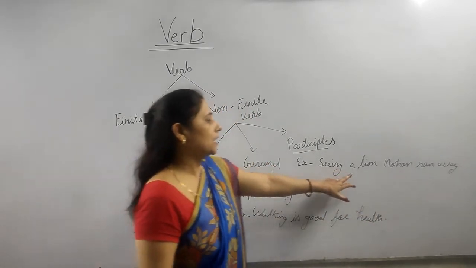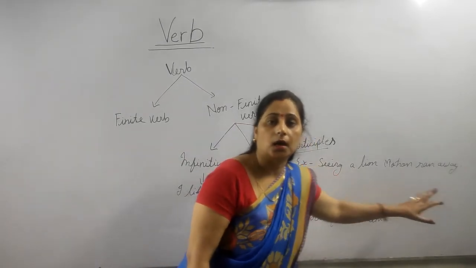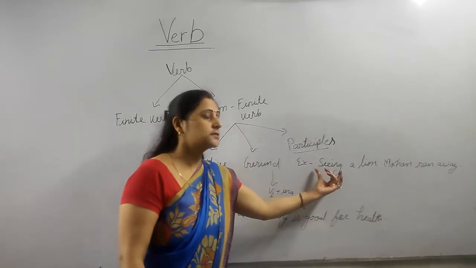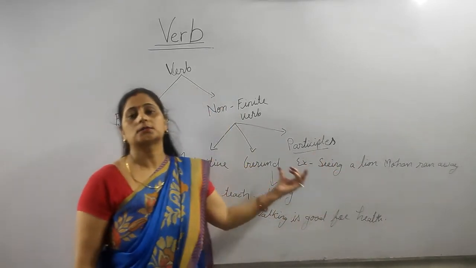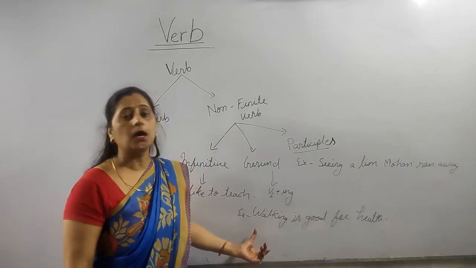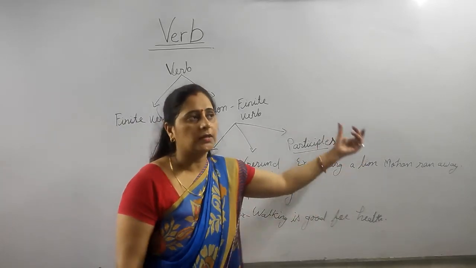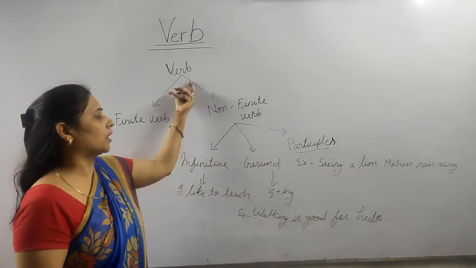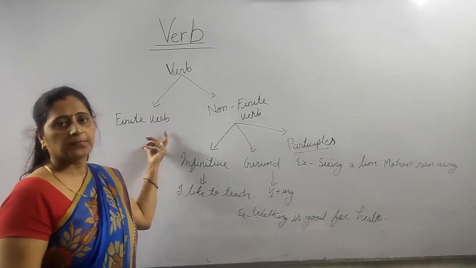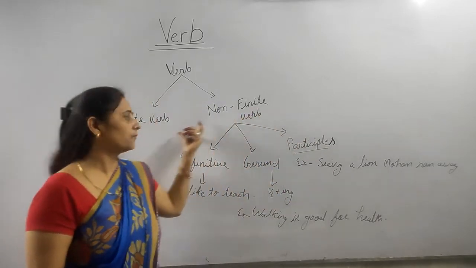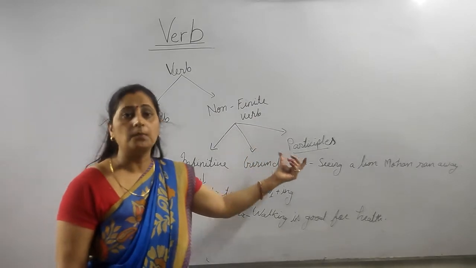Like seeing a lion, Mohan ran away. Here the verb seeing is used as a verb, not as a noun. So in that way we can divide the verb into two parts. It was the explanation of finite and non-finite verb.